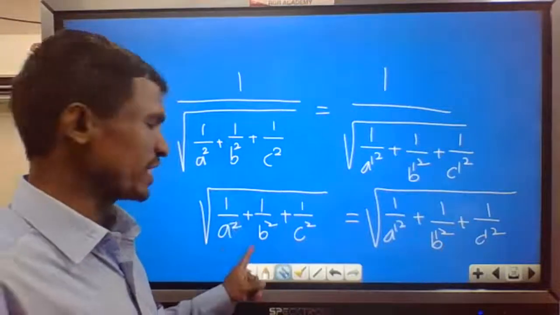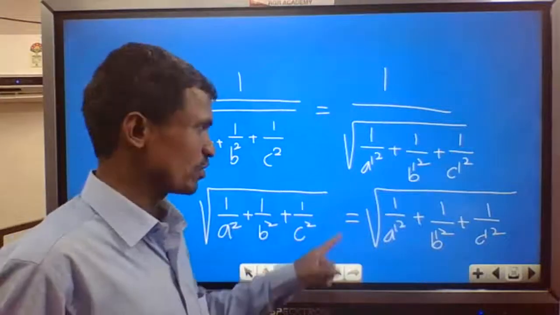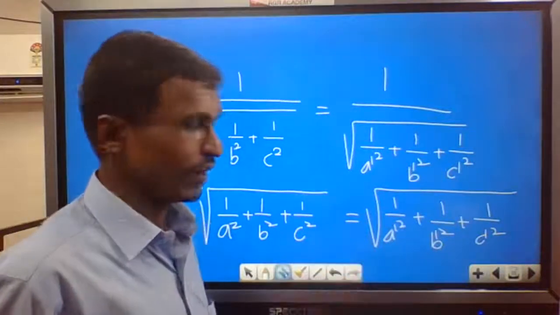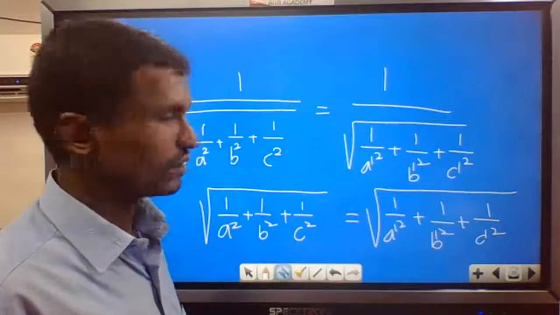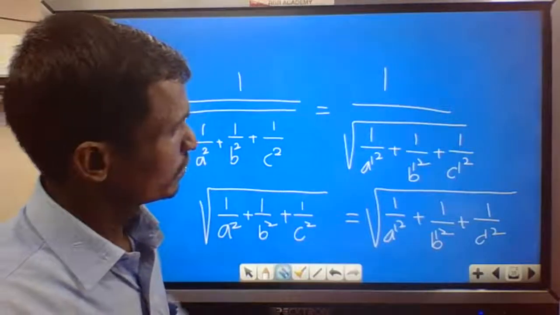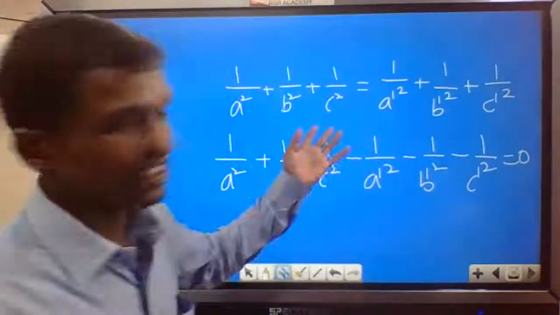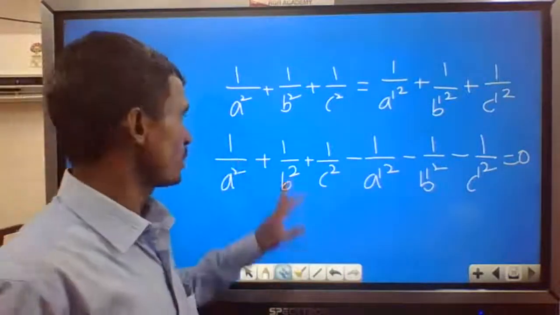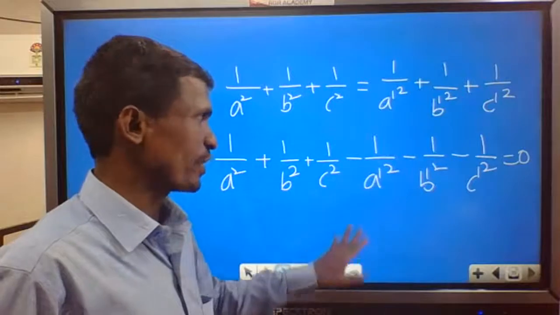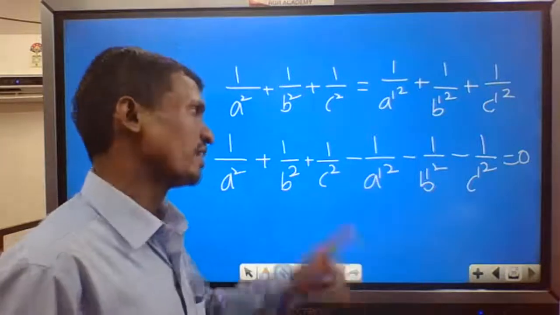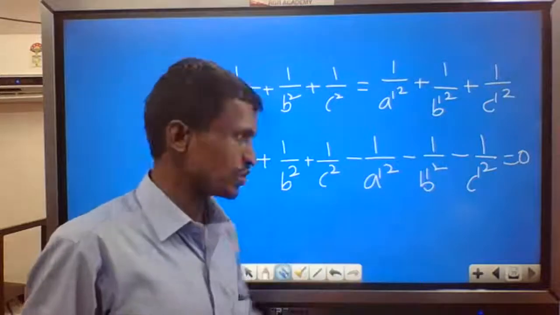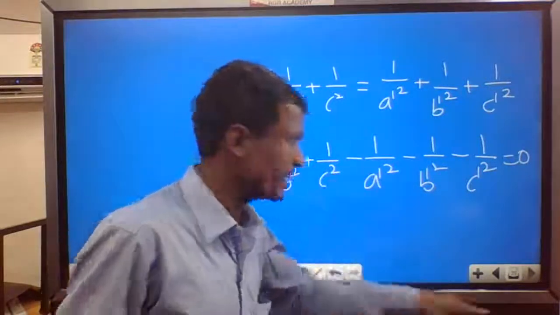The root of 1 by a square plus 1 by b square plus 1 by c square equals the root of 1 by a' square plus 1 by b' square plus 1 by c' square. Squaring both sides, the roots cancel each other. The 1 by a square plus 1 by b square plus 1 by c square minus 1 by a' square minus 1 by b' square minus 1 by c' square equals 0. That is the correct answer, option D.